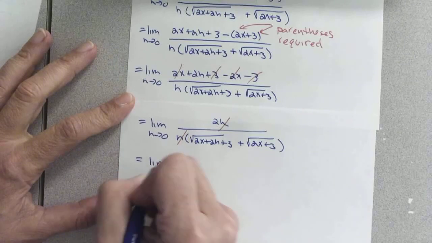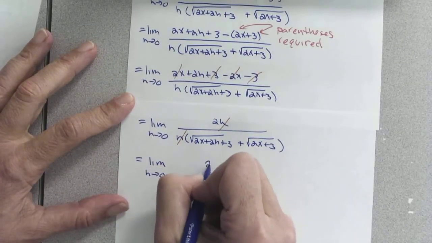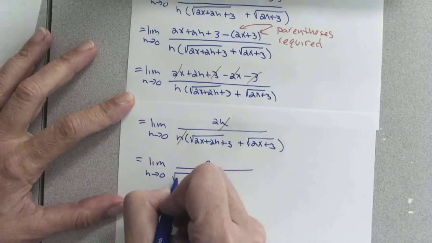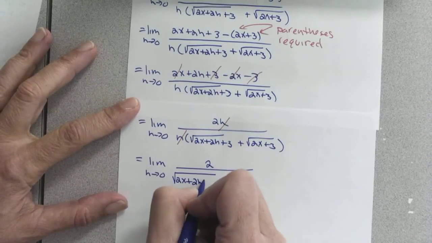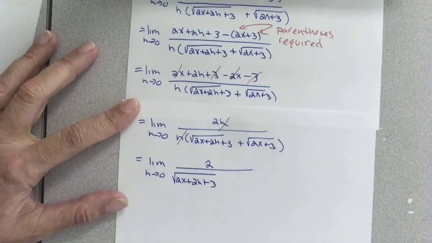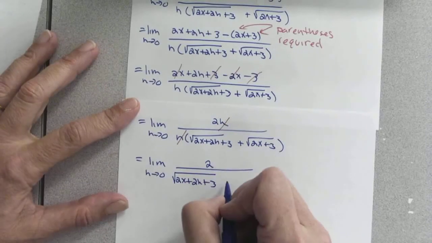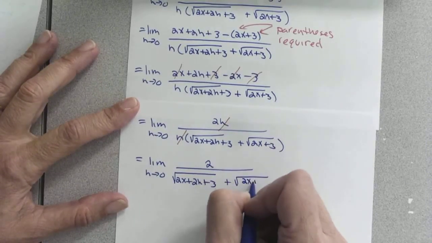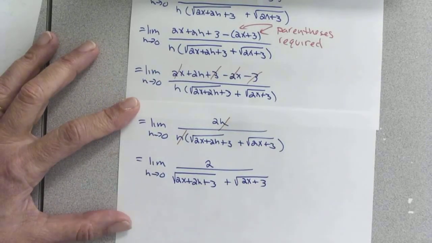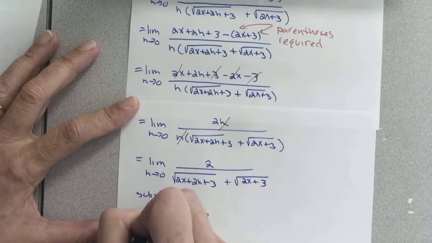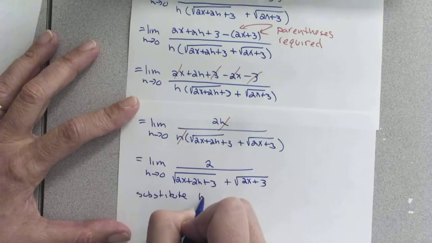And so I've got the limit as h goes to 0 of 2 over the square root of 2x plus 2h plus 3, plus the square root of 2x plus 3. Substitute h equals 0.